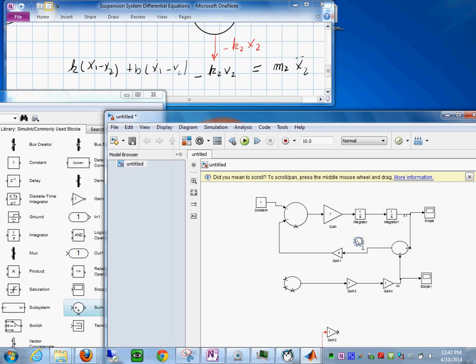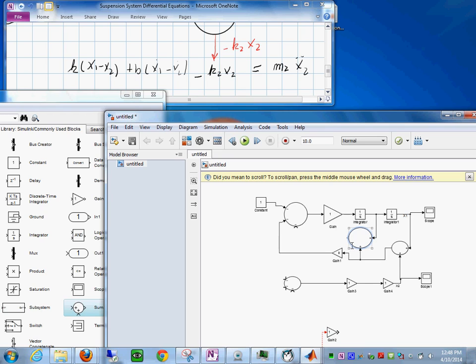We might have to make it a little bigger. Okay, so we have the velocity over here. Somehow it didn't connect very well. Control I, and there we go.